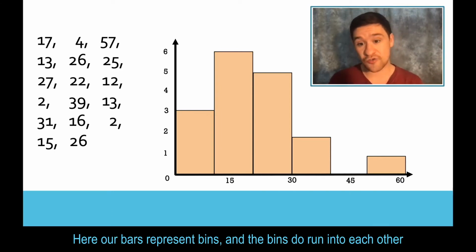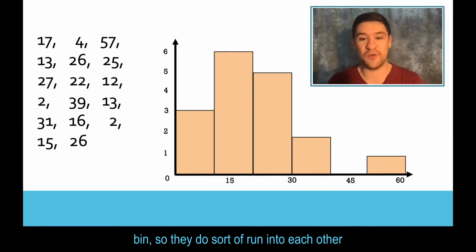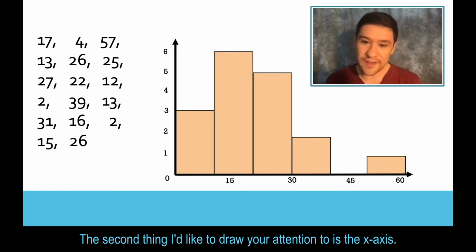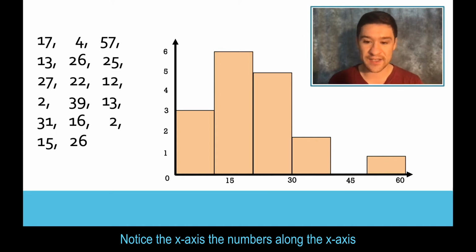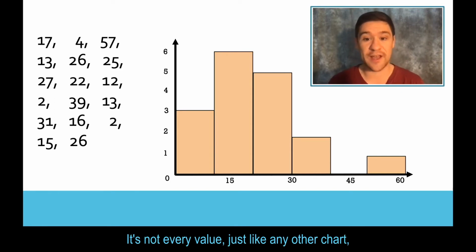Here, our bars represent bins, and the bins do run into each other. The end of one bin is the start of another bin, so there are no gaps between our bars here. The second thing I'd like to draw your attention to is the x-axis. Notice the numbers along the x-axis are values of our variable. It's not every value, just like any other chart.